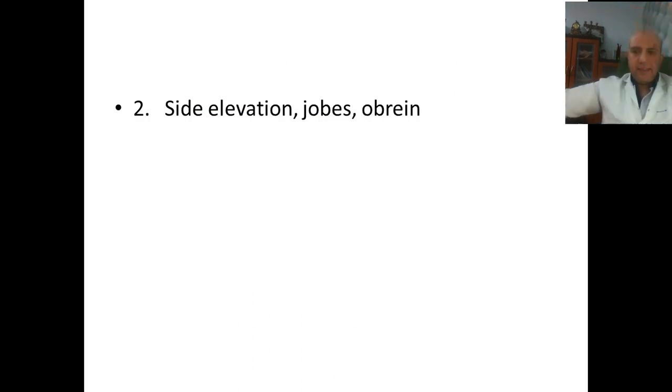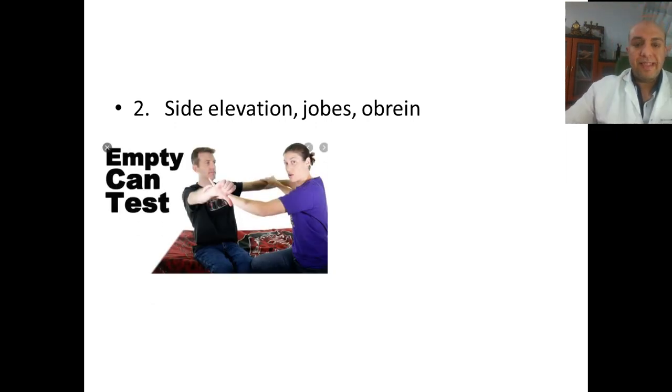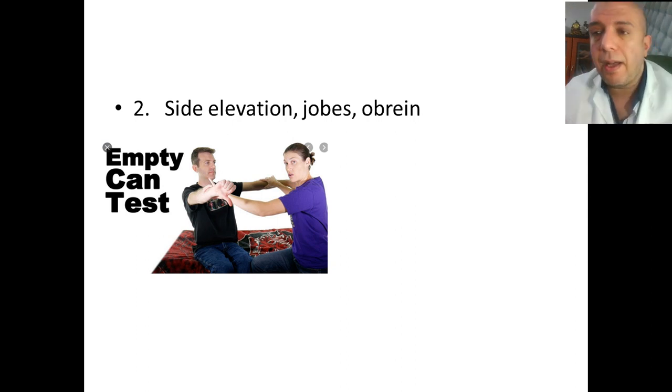Okay, side elevation, then down and side elevation to the side. Side elevation also has two tests. Side elevation, abduction like this, okay? He is doing it. Then I do the Jobe test, taking his upper limb about 15 degrees from neutral.